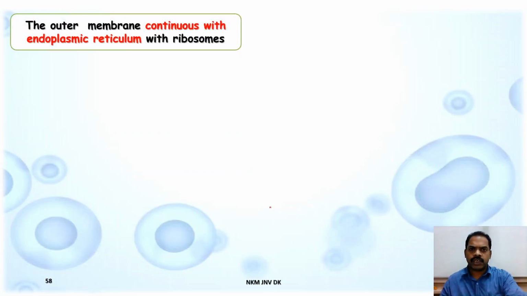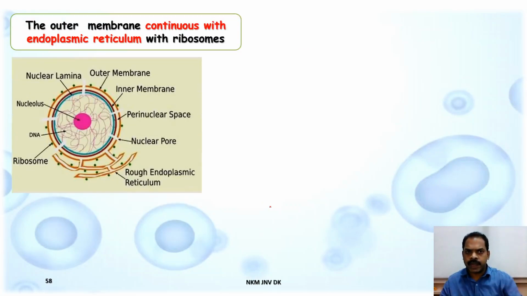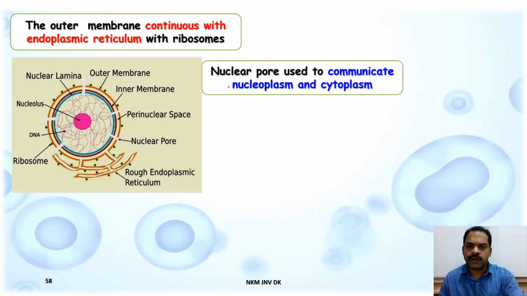Then if you go to the structure of the nuclear membrane, the outer membrane is continuous with the endoplasmic reticulum. You can see the endoplasmic reticulum, the reticular network structure we already discussed. Because it is continuous with the ER, it has ribosomes also. As ribosomes are there, we already told it is related to protein synthesis.